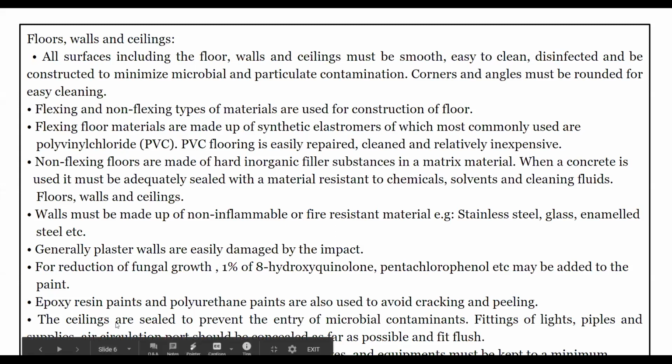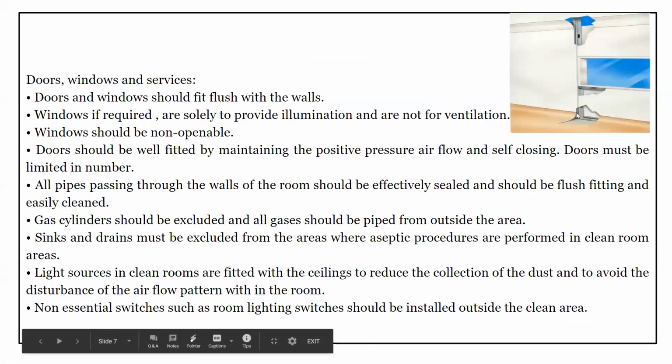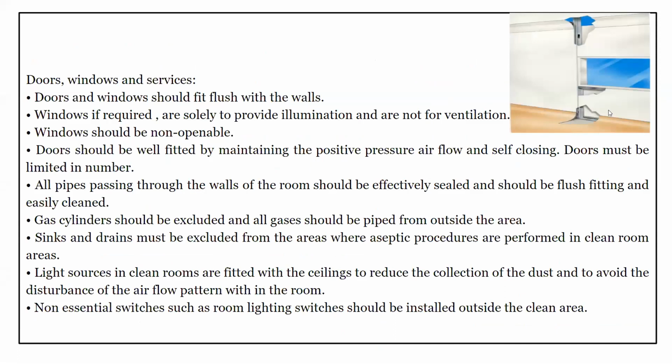So again, if you look at the diagram, we have solid construction of walls and doors, and all this construction has another layer. Here you can see that we have removed a layer. So this layer is a polyvinyl chloride layer. So it now becomes possible to wash all the walls, floors, and ceilings with detergent and then apply disinfectant.